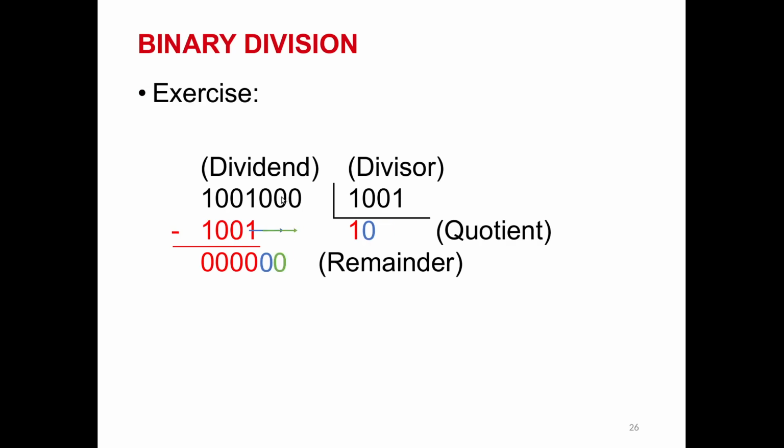So instead of that, we can consider it like this. We don't shift this divisor to the right, but we keep it stable, and we shift the remainder 1 bit further to the left, and we will have the same result at the end.